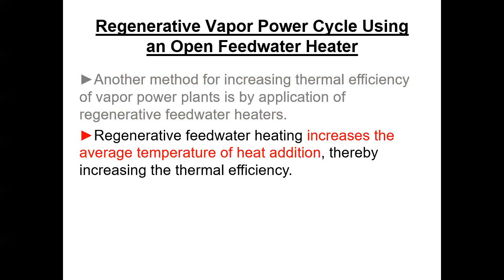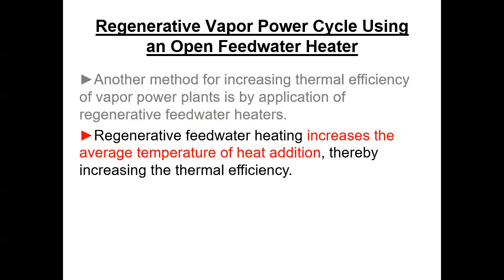Okay. So what the regenerative cycle is all about is increasing the average temperature during the heat addition. Let's say we have 2 cycles. One has regeneration, one doesn't. And we're going to keep the exit steam conditions the same, temperature and pressure.